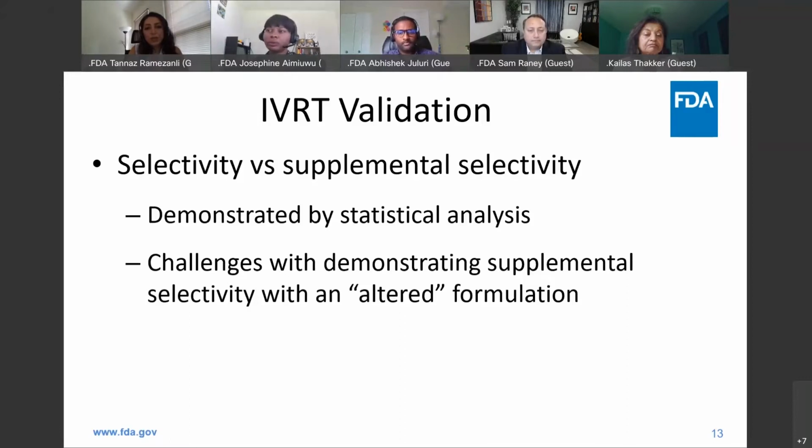So we heard earlier today that we are expected to see some changes in the formulation to be able to have a different release rate compared to the reference or test product that is used for the validation studies. So the question I have for the panel is, is there any limit in terms of how much change you can introduce in the formulation, like a Q2 change, Q1 change, or even use a different dosage form for demonstration of supplemental selectivity?